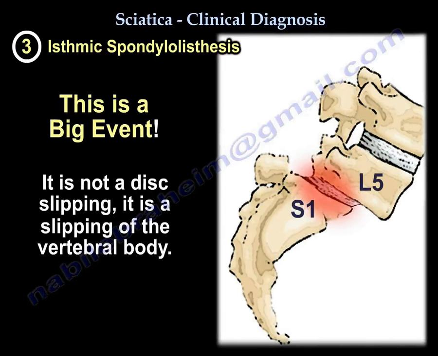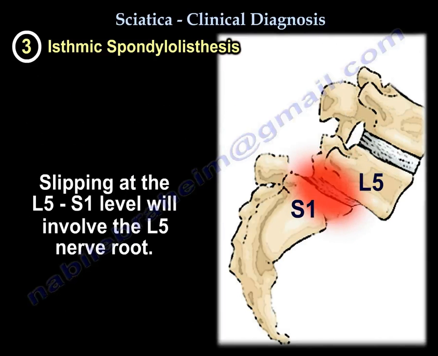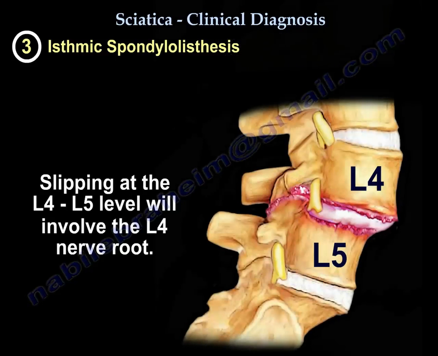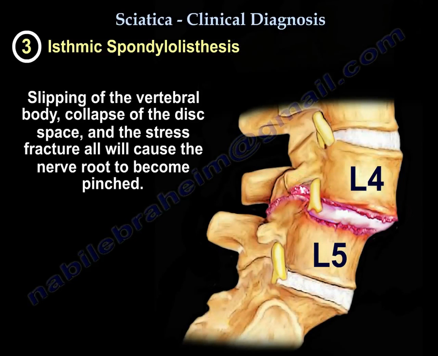If you have an L5-S1 slip, you will get L5 nerve root involvement. If you have L4 slipped on L5, then you will have L4 nerve root involvement. Slipping of the vertebral body, the disc space collapse, and the stress fracture will cause the nerve to be pinched.